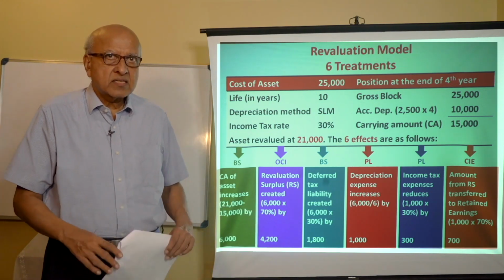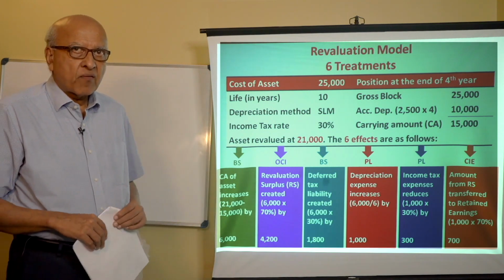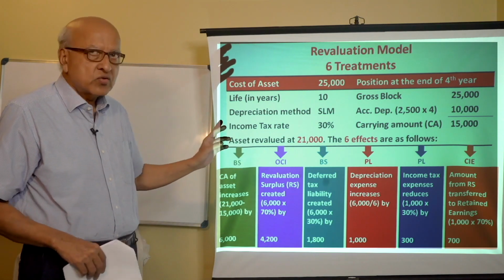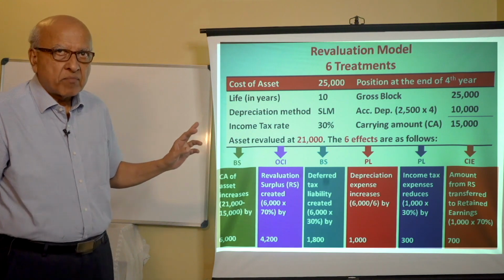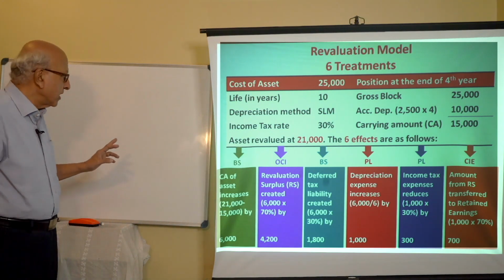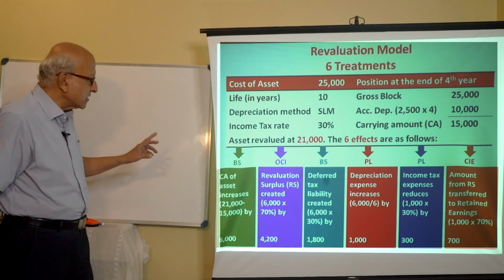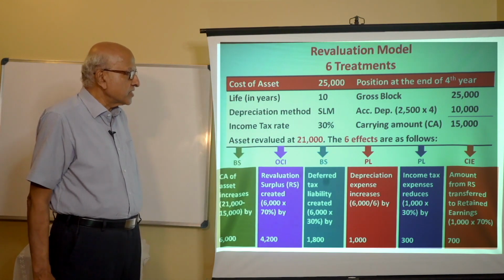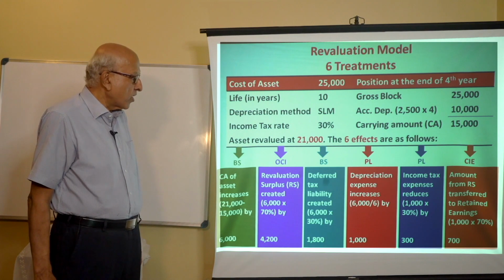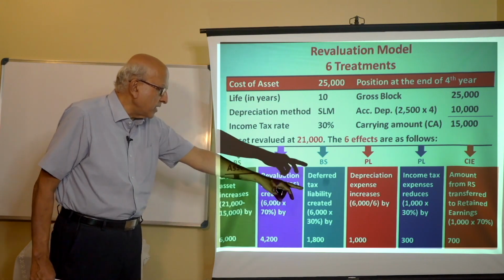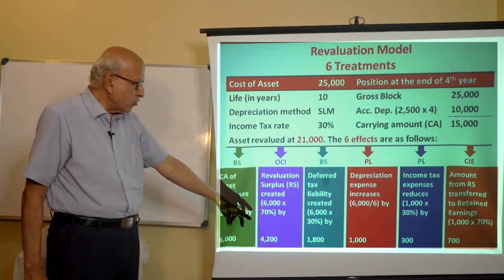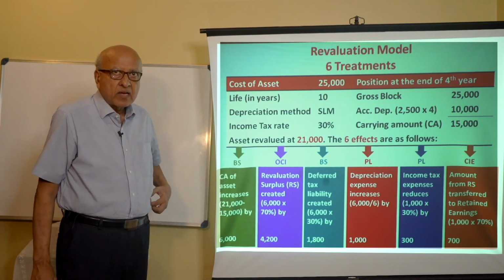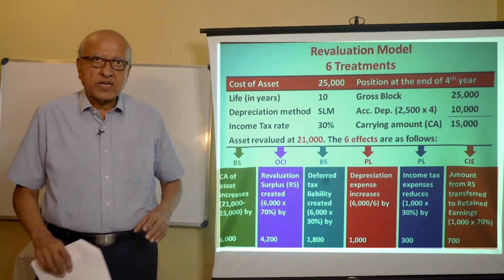That amount is transferred from revaluation surplus to retained earnings, because at the end of its life this revaluation surplus will become 0. Remaining 6 years, 4,200 will be transferred from revaluation surplus to retained earnings.